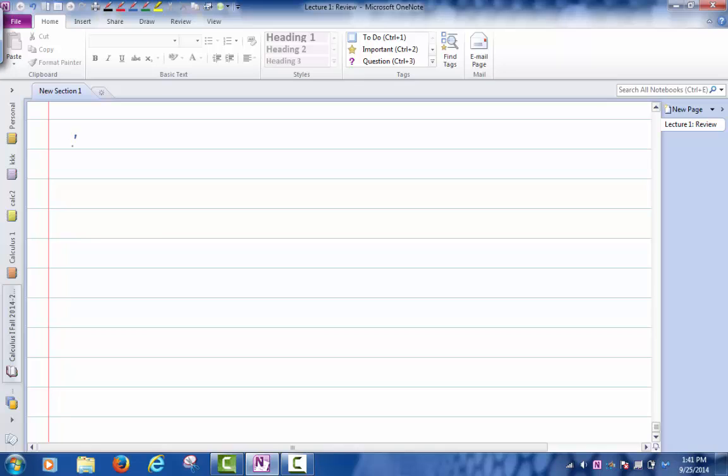Now here's another example. Let's consider the function f of x, which is the root of x minus 2.